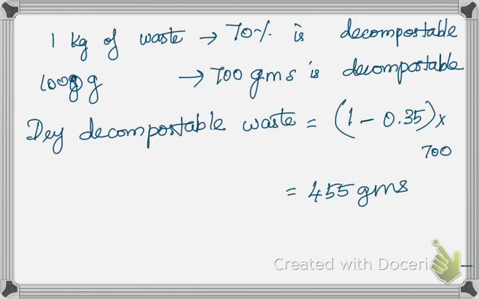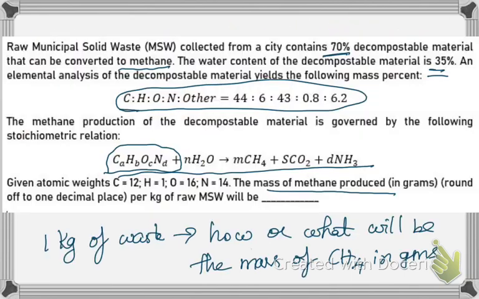Now what we have to do is get the value of methane. So we are going to determine the moles of carbon, the moles of hydrogen, the moles of oxygen, and the moles of nitrogen, because in this, Ca, Hb, Oc and Nd is what is given.